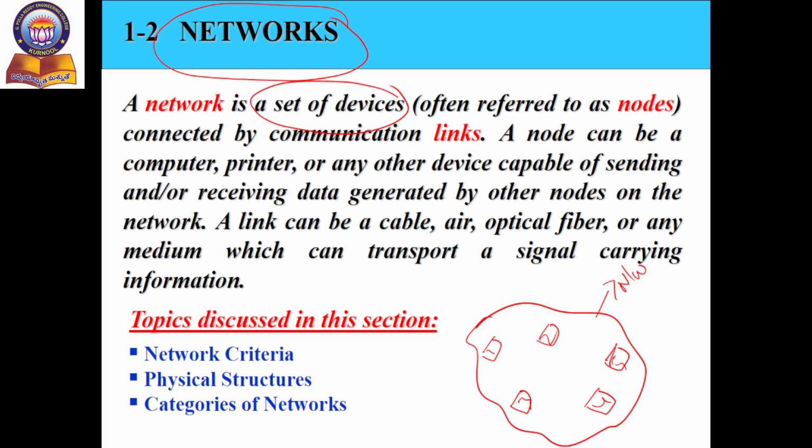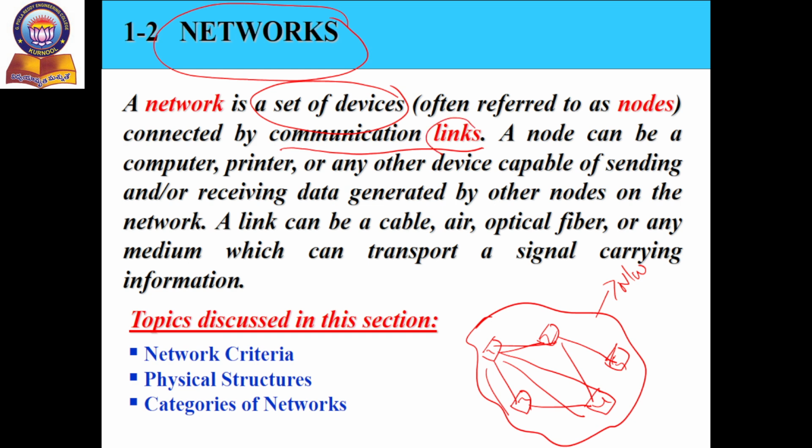A network is a set of devices where all the devices are communicating with communication links. That means every device should be able to communicate with all the devices. All the devices are connected by communication links.